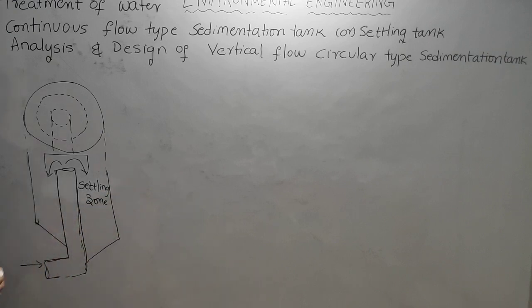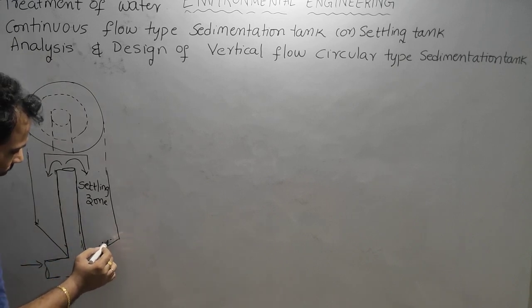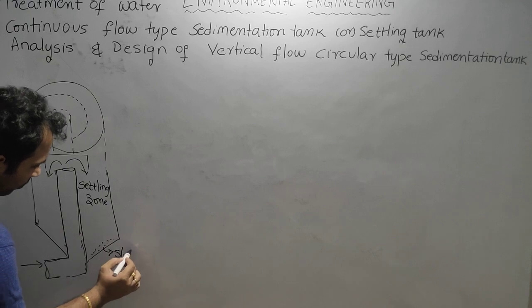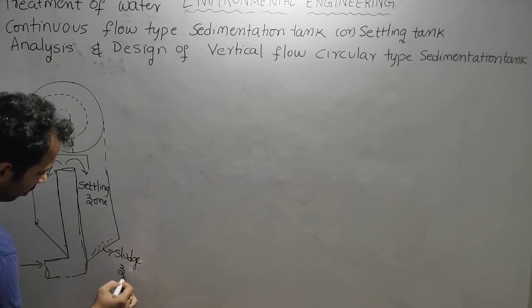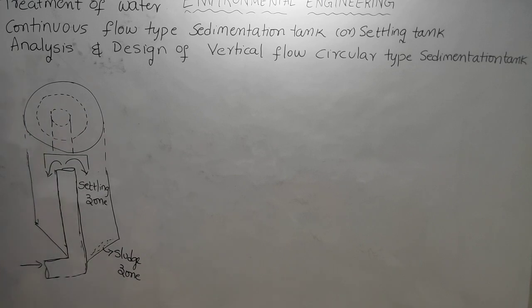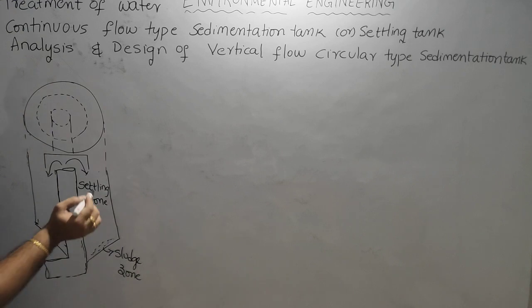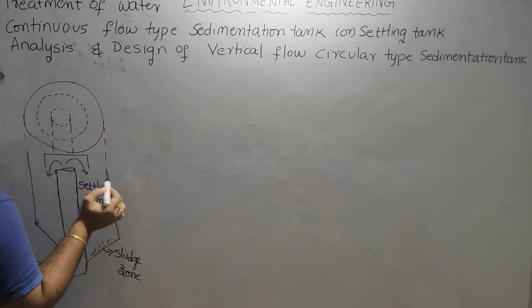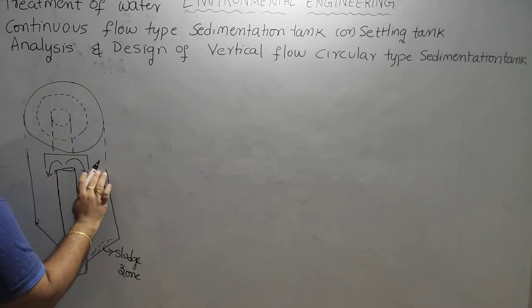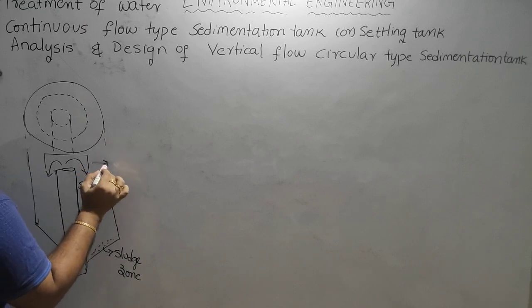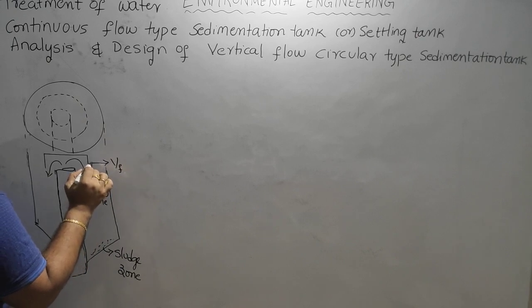And here the conical portion is the sludge zone. This is the flow velocity direction. If you take any particle, it will have flow velocity in this direction and settling velocity in this direction.